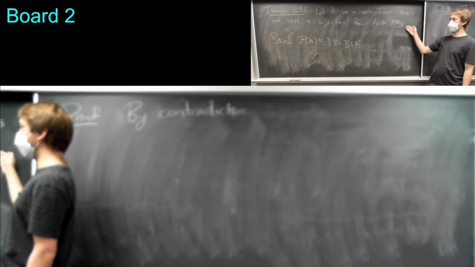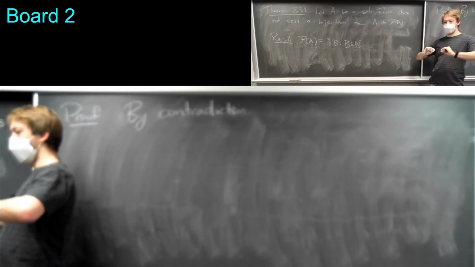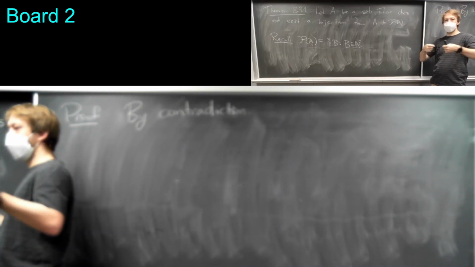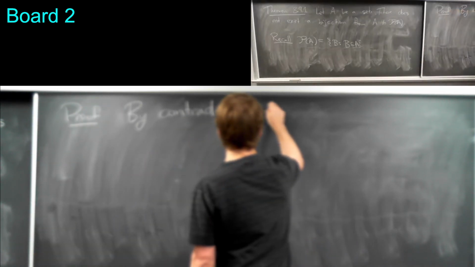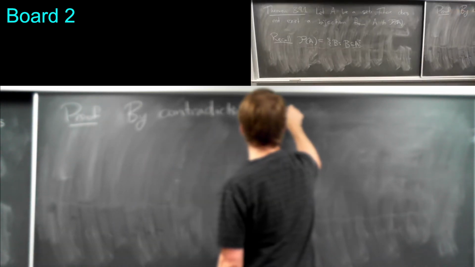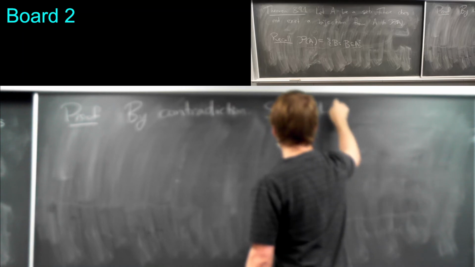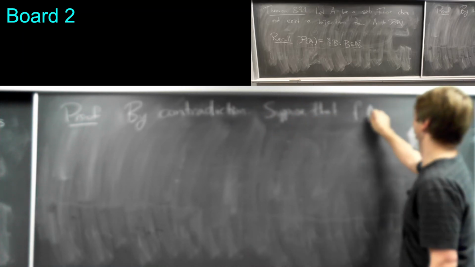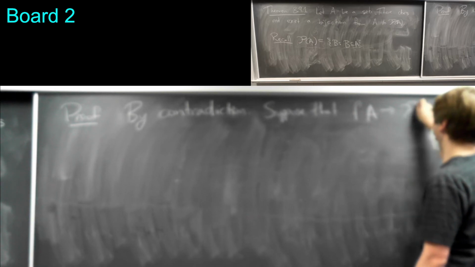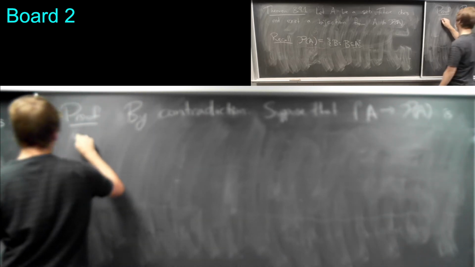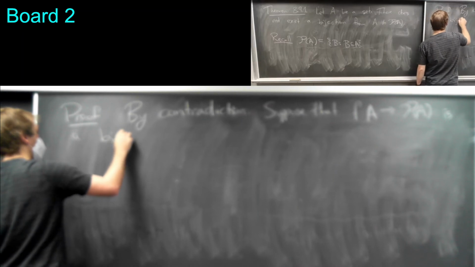So what I want to prove is that there isn't a bijection. So I want to negate that statement and assume it, and then I want to get a contradiction at the end. So suppose that f, a function from A to the power set of A, is a bijection.